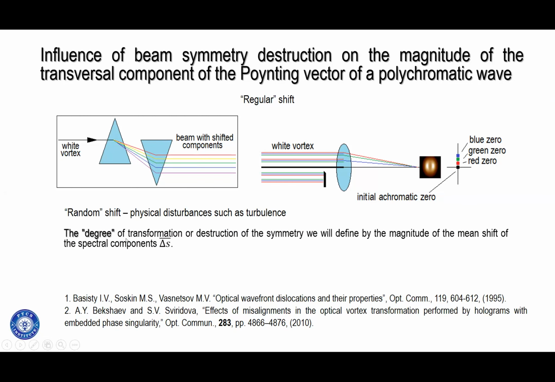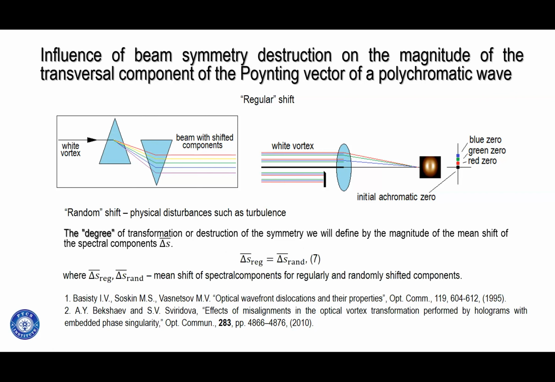The degree of transformation or destruction of the symmetry we will define by the magnitude of the mean shift of the spectral components. Such estimates were made on the basis of the results of computer simulation of the search of spectral components of the white vortex. The simulation results were obtained when the equality of mean shift under random and regular transformation is realized.